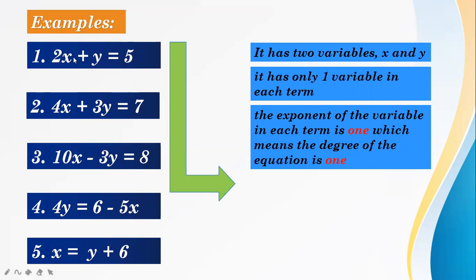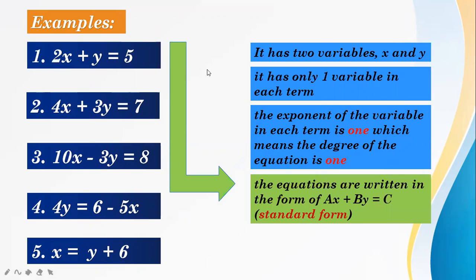In examples number 1, 2, and 3, the equations are written in the form of ax plus by equals c, and we call this the standard form. In number 1, 2x plus y equals 5, a is 2, b is 1, and the constant c equals 5.